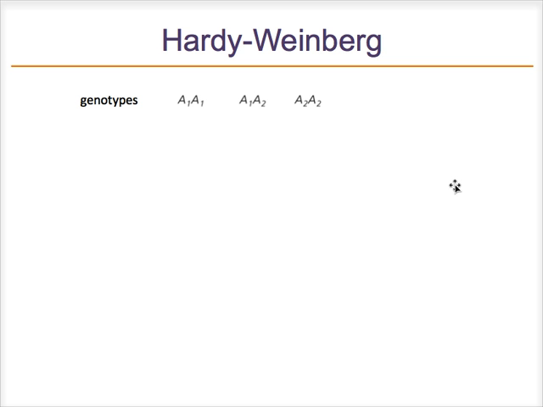So I want to know the percentage of the population that is homozygous A1, or the percentage of the population that is homozygous A2. So to calculate those, I would just count up all of the homozygous A1 individuals and divide that by the total number of individuals, and that would give me a genotype frequency.